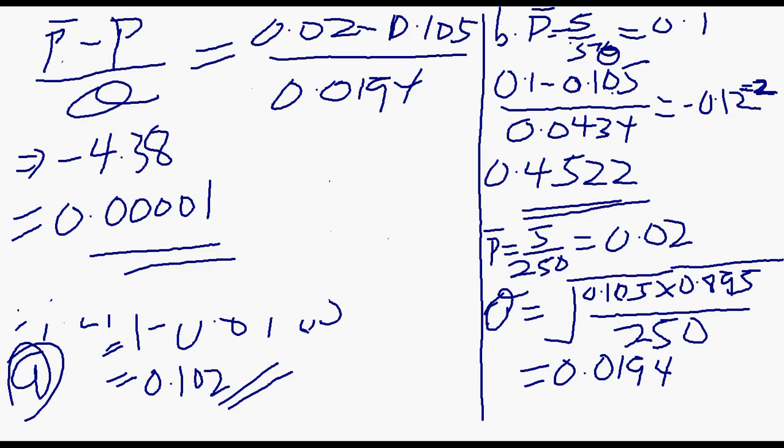So it is less likely to get 5 women as compared to what we got in B. In B, we had a probability of 0.45, but now we are getting a probability of 0.00001.